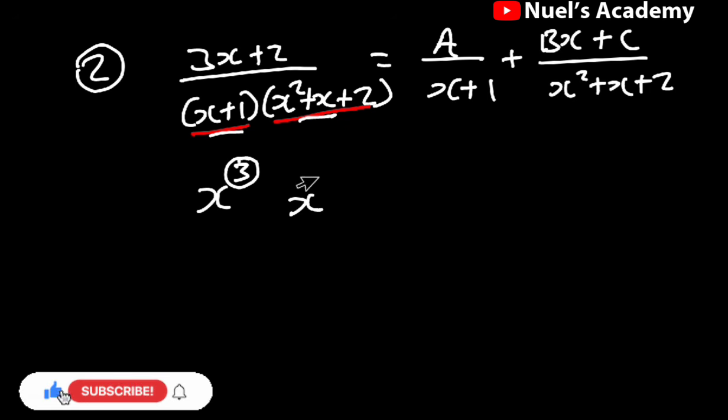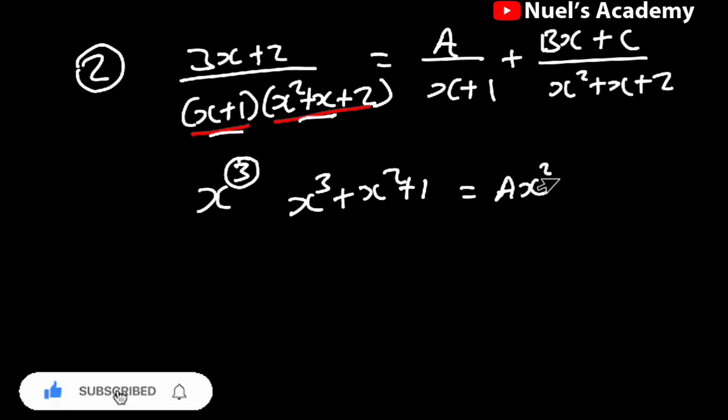Assuming I have x cubed plus x squared plus 1, instead of writing bx plus c, I will subtract 1 from the 3, it will be x squared. You start with ax squared plus bx plus c.